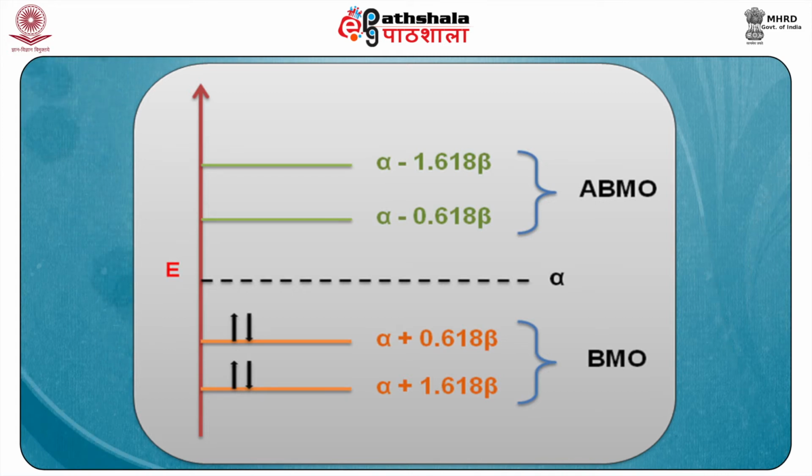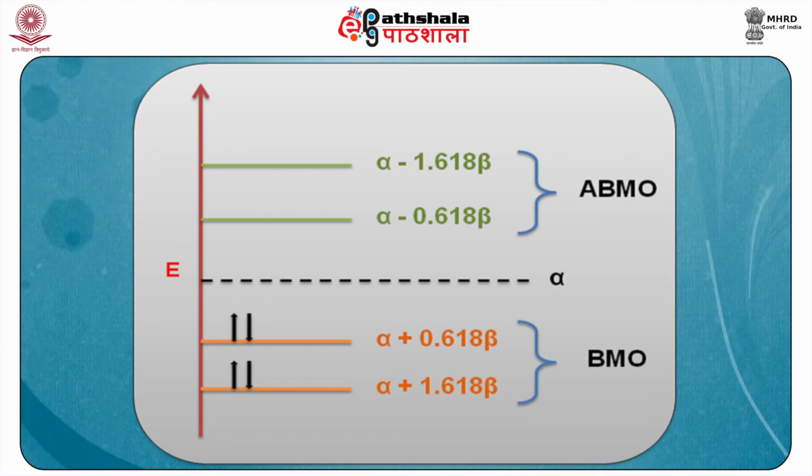And now, since you know that butadiene contains 4 pi electrons, these electrons have to be accommodated in these energy levels, in these molecular orbitals. And since a molecular orbital cannot contain more than 2 electrons, the first 2 electrons will go to the bonding molecular orbital with energy equal to alpha plus 1.618 beta.